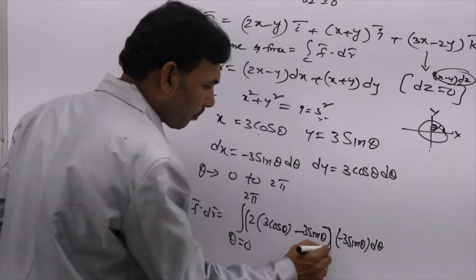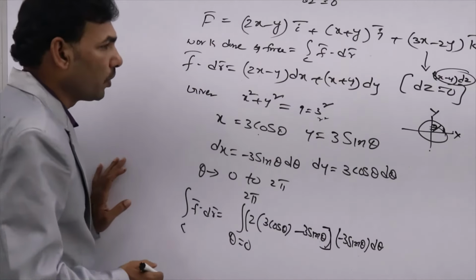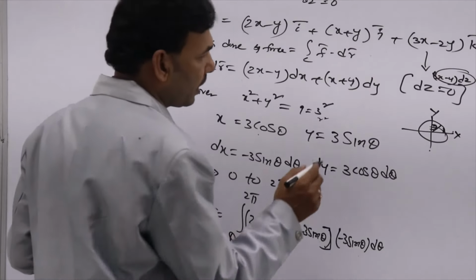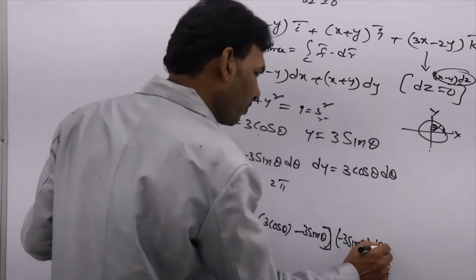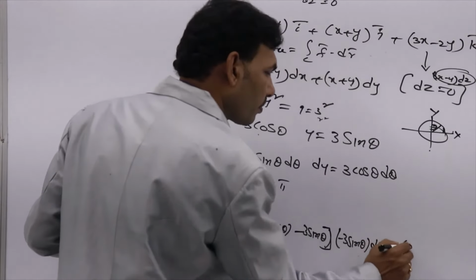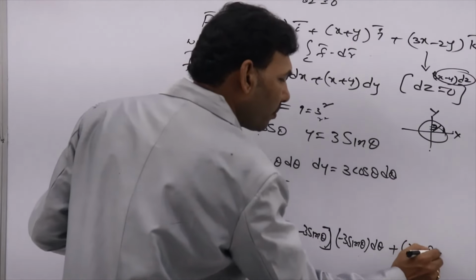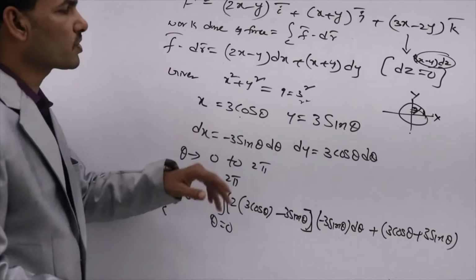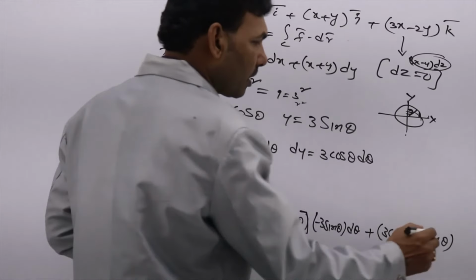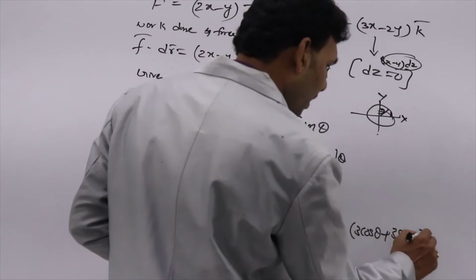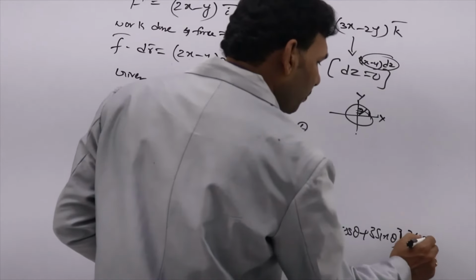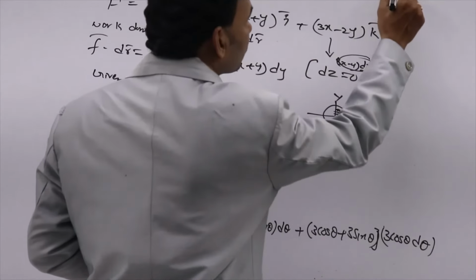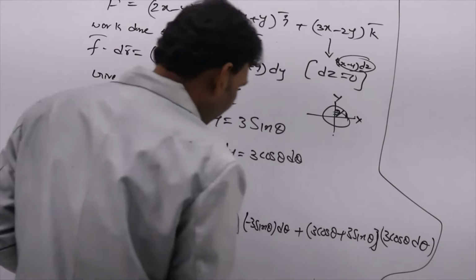Coming to the next term, x plus y is 3 cos theta plus 3 sin theta, and dy is 3 cos theta d theta. So simplify very carefully.